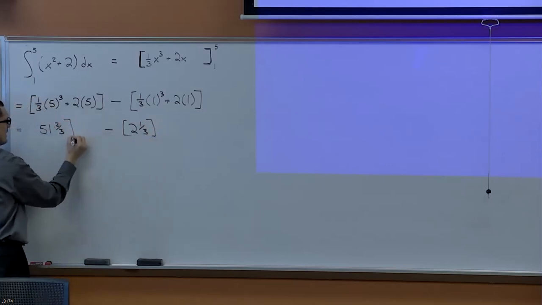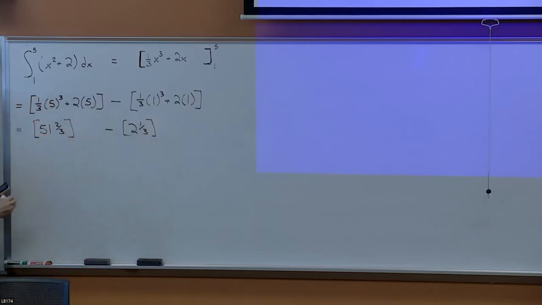When you subtract those two things, you get 49.33 or 49 1/3. Again, most of the time, it'll probably just ask you to round to 2 decimal places. Is that all right?